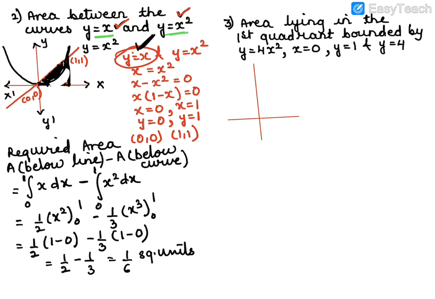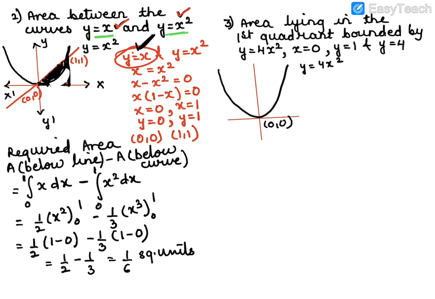Then the third one: area lying in the first quadrant bounded by, so again we have a parabola looking like this, and this is the third one. y is equal to 4x square, x is equal to 0, x 0 यहाँ होता है.